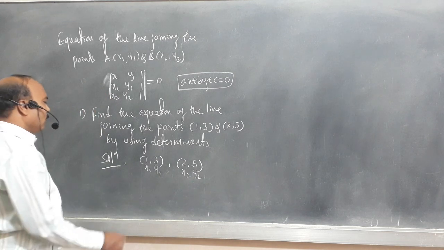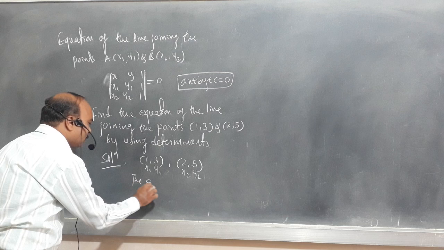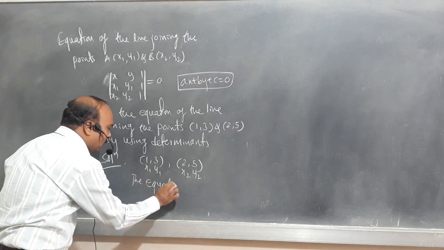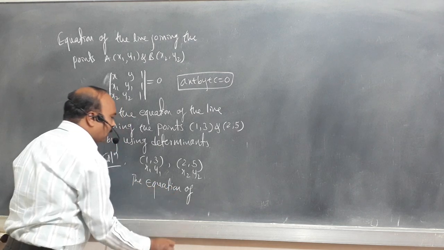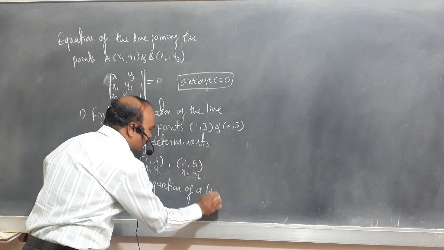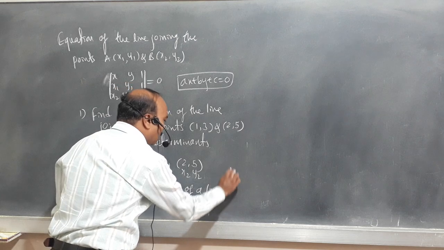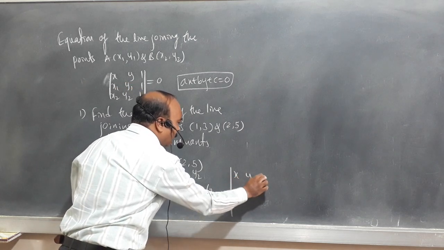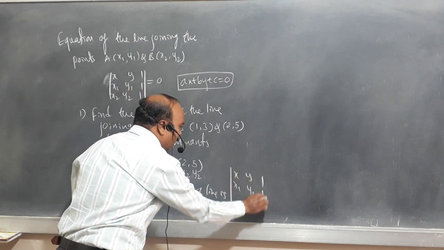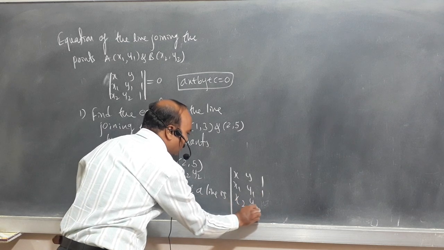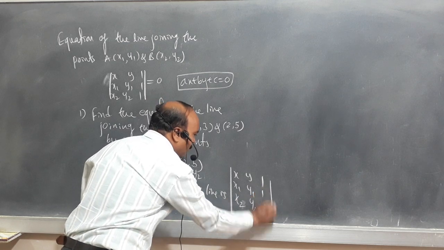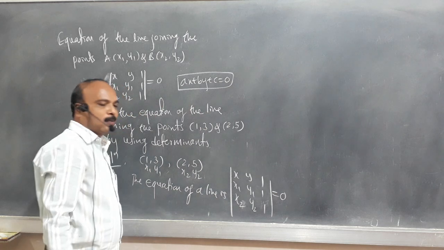Then the equation of the line is given by the determinant: x, y, 1; x1, y1, 1; x2, y2, 1 equal to 0.